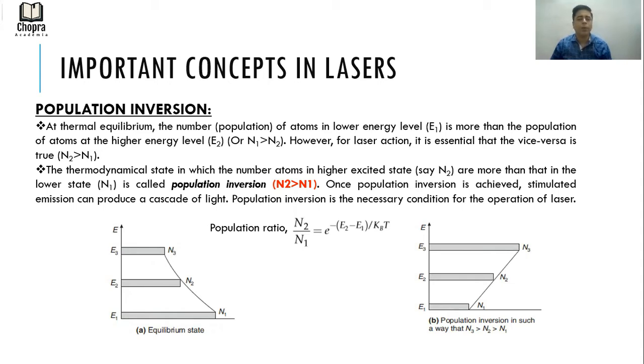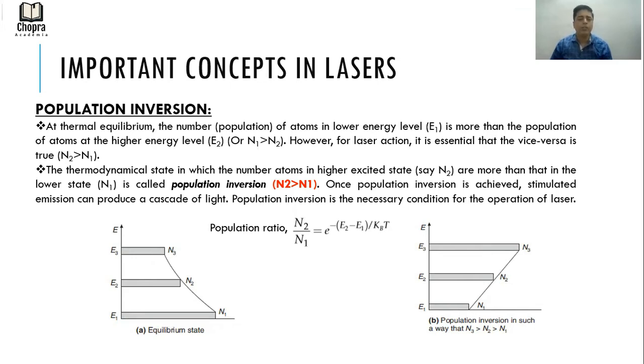It is the thermodynamical state in which the number of atoms in the higher excited state, say N2, is more than that in the lower state N1. Once population inversion is achieved, stimulated emission can produce a cascade of light. Population inversion is the necessary condition for the operation of a laser.